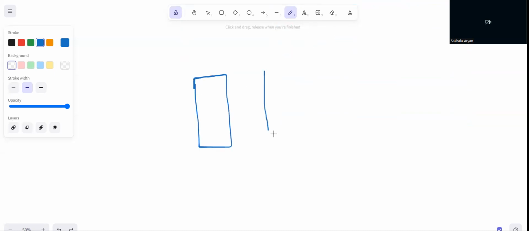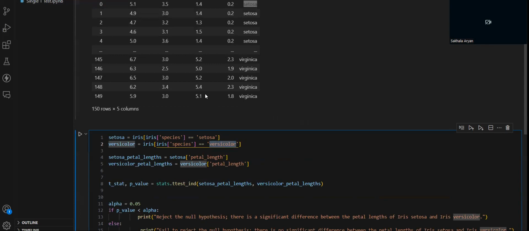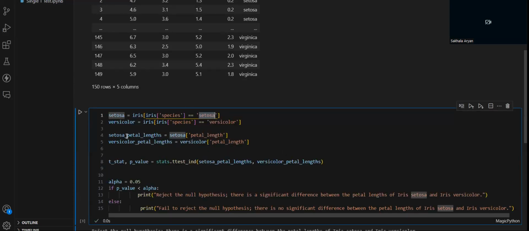In two sample t-test, we compare the mean of two groups. The first group is setosa, the second group is versicolor. Now how do I compare the mean?